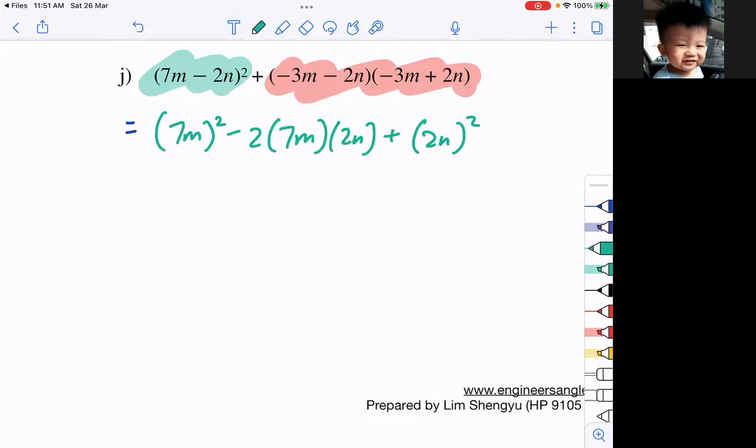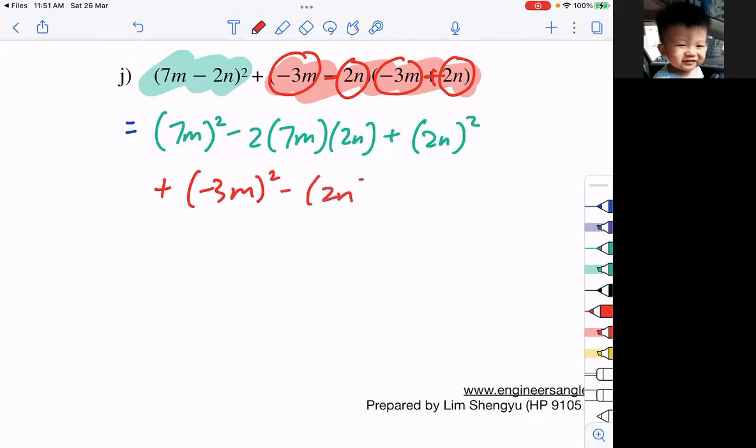Formula 3, where this is my A minus B, A plus B. So for the red part, I should have A squared minus B squared, which is this, the whole expansion of the entire expression. Can you see? So I was lucky I didn't expand too many things because I saw cancellation already. Can you see how these two guys are gone?